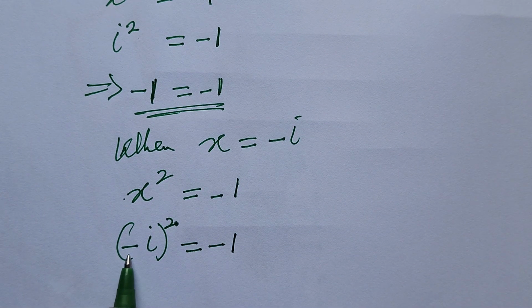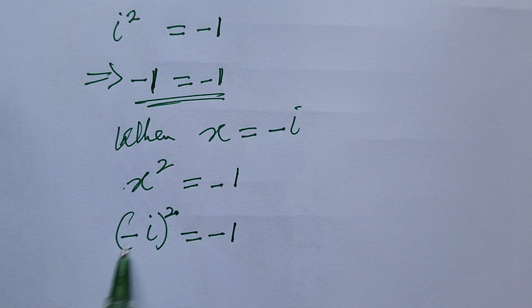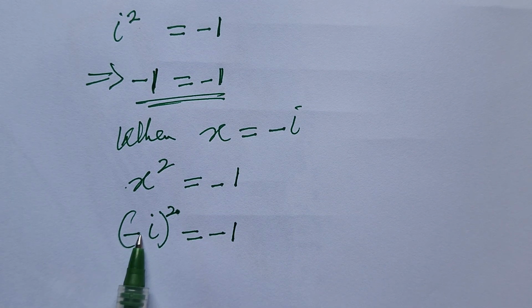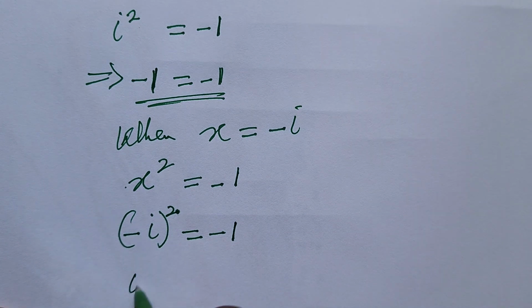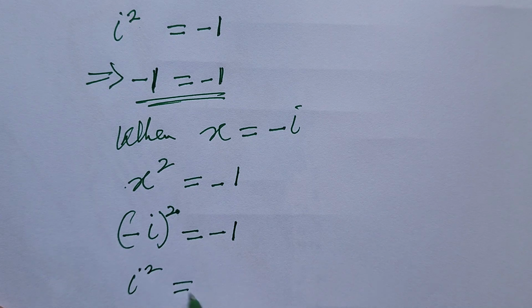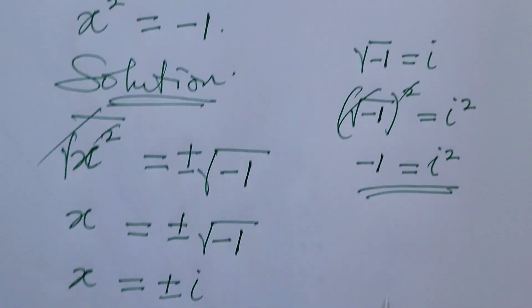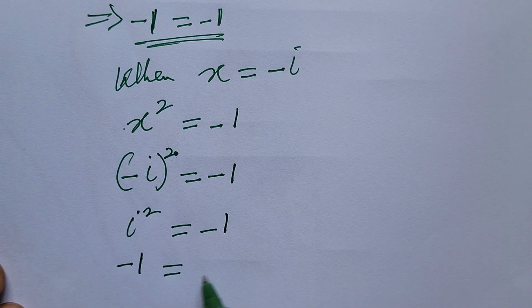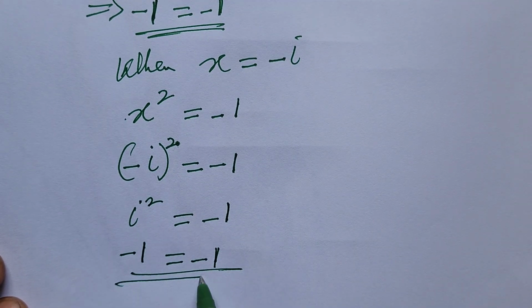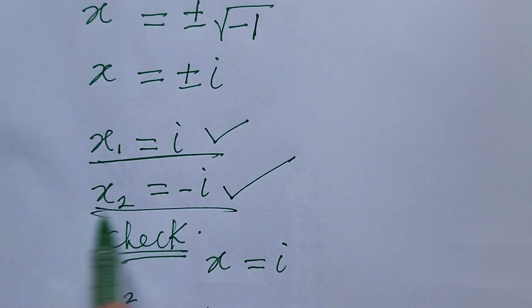So what is minus i all to the power of 2? This power will affect this minus, and automatically, minus times minus will give us plus. So we're going to have i to the power of 2 is equal to minus 1. And again, i to the power of 2 is what? It's just minus 1. So we now have minus 1 is equal to minus 1. So it shows that this also satisfies the equation, and this answer is also correct.